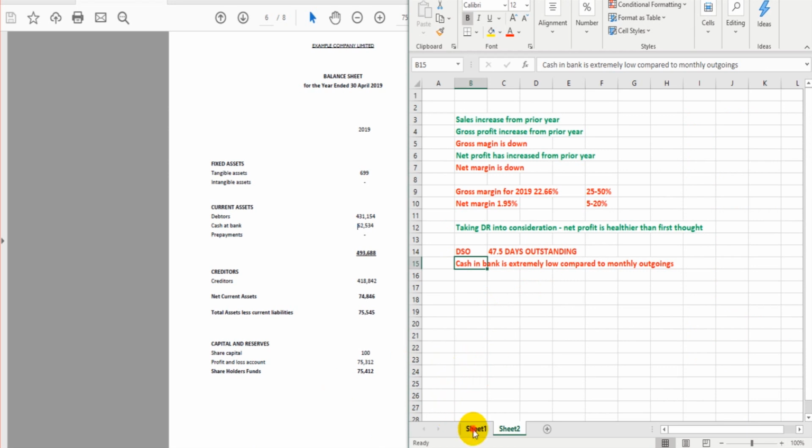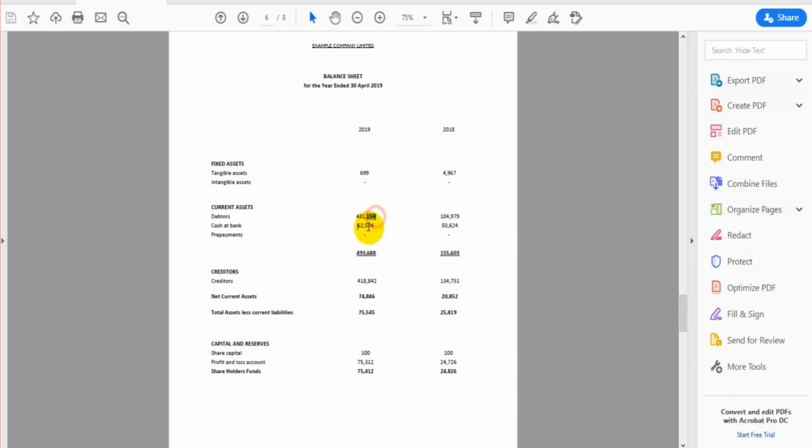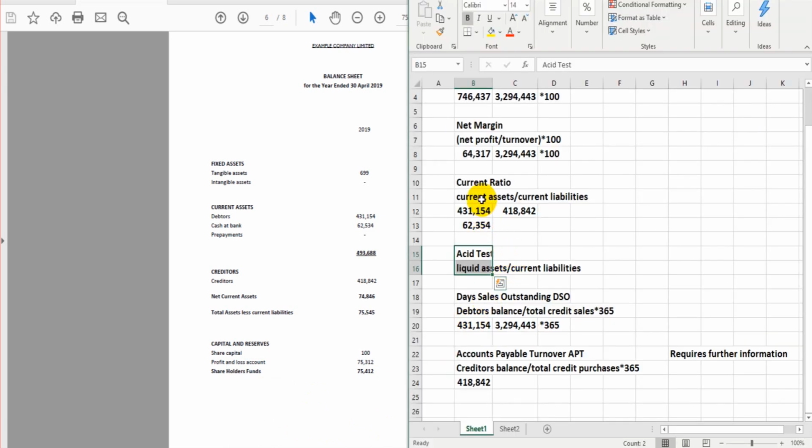Now, just to back all this up, let's do our current ratio, which is going to be the same as an asset test, because there's only two current assets on the accounts, and they're both considered liquid assets. So let's do our current assets divided by our current liabilities.